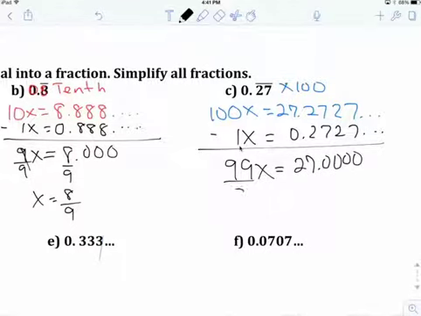If you subtract, you get 0. Okay, and then you get x equals 27 over 99.